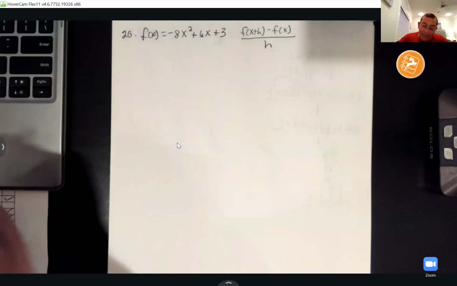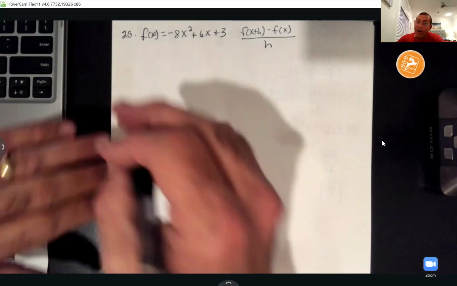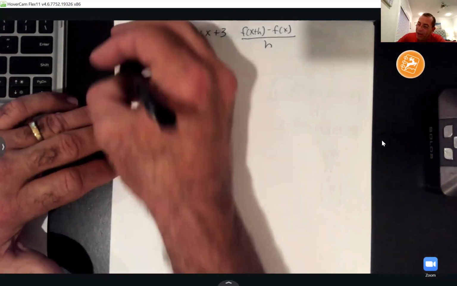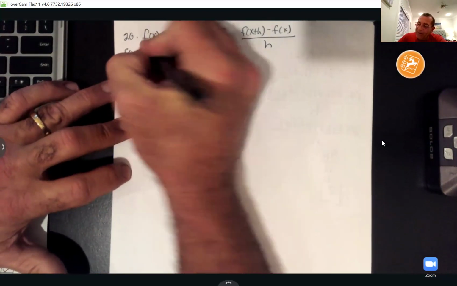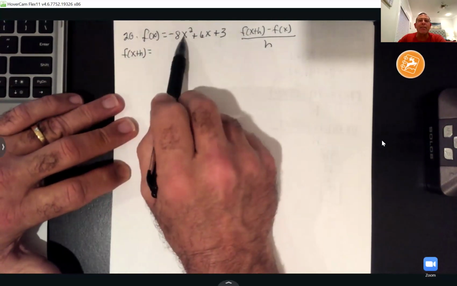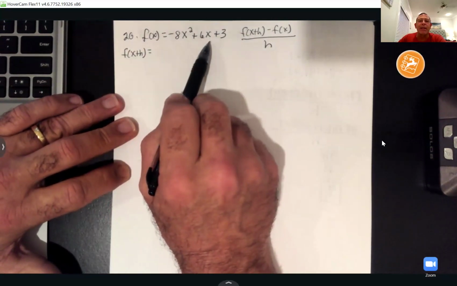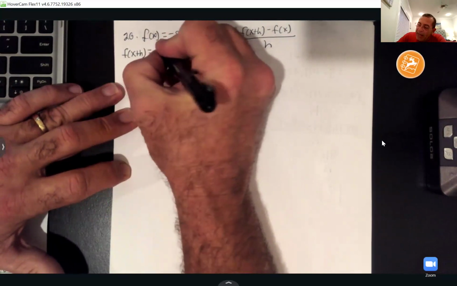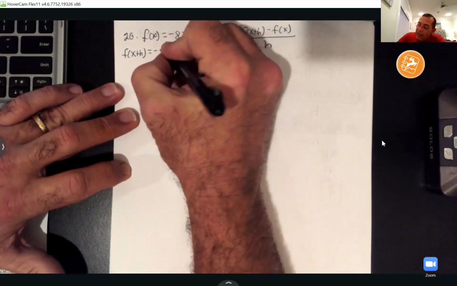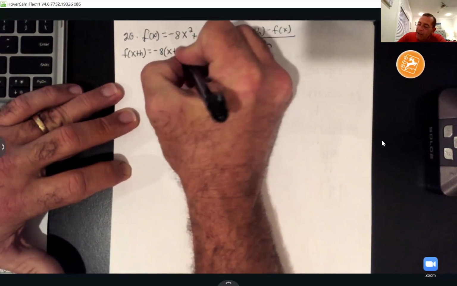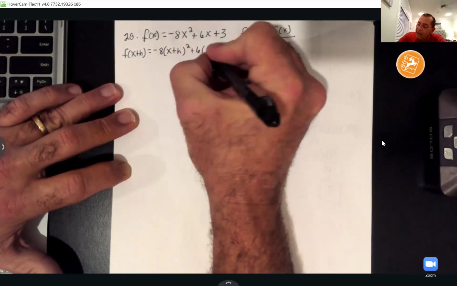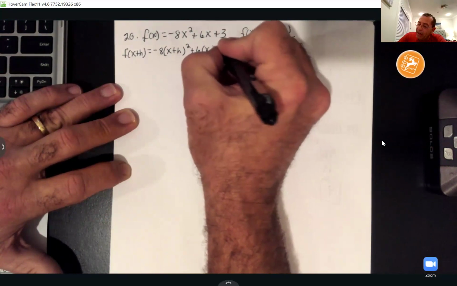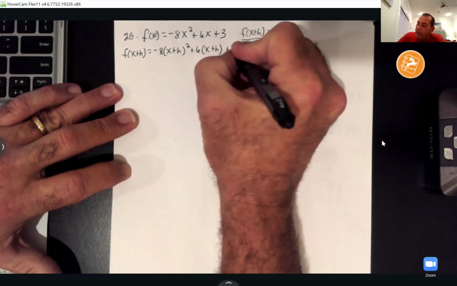Especially when I do my f of x plus h. That's where we need our stuff we saved in our notes. So y'all, f of x plus h, put an x plus h here and an x plus h there. So I got negative 8 times x plus h squared plus 6 times x plus h plus 3.